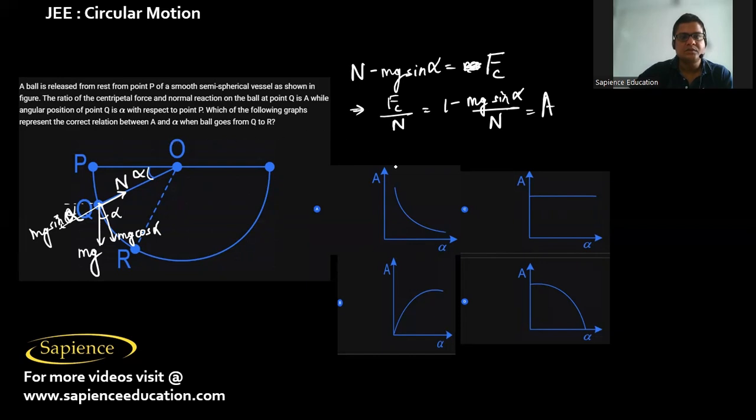Present the correct relation in between A and alpha. The ball goes from Q to R, so the normal reaction will also increase, and mg cos alpha, that is equal to the tangential force, that is equal to m into the tangential acceleration.